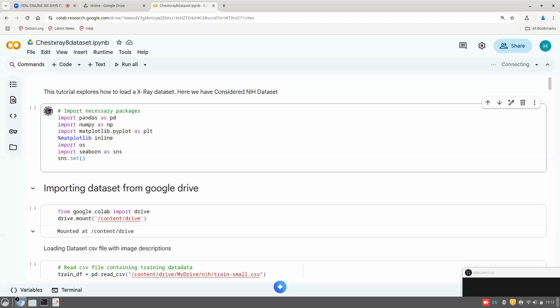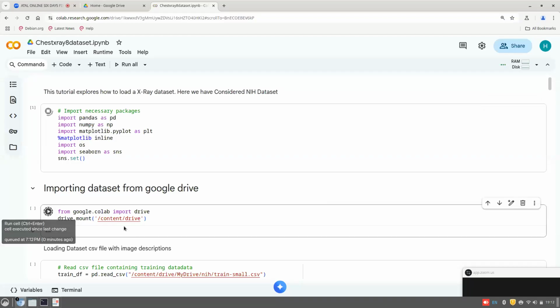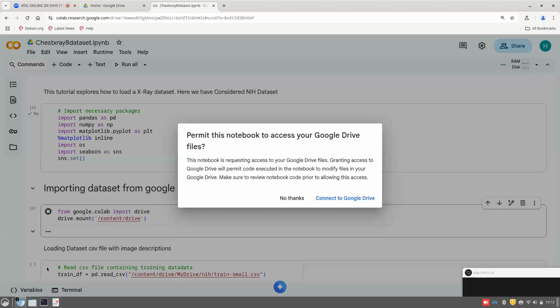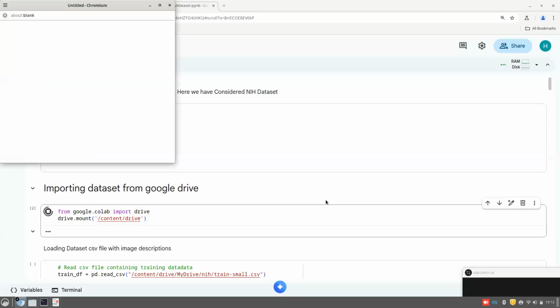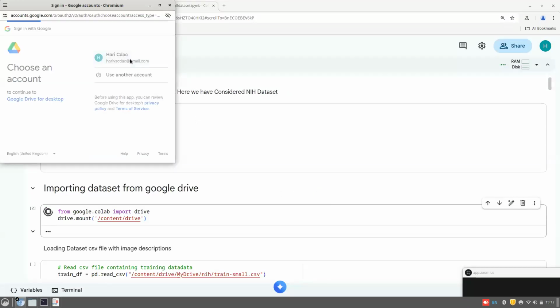The NIH dataset, as I said, has 1,23,000 images, and it's a very big dataset. Since Colab doesn't support that many images and I'm using a free version, I'll stick to a small subset of 1,000 images for the demonstration, in the interest of time.